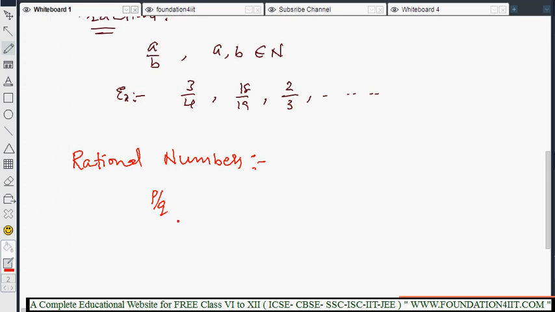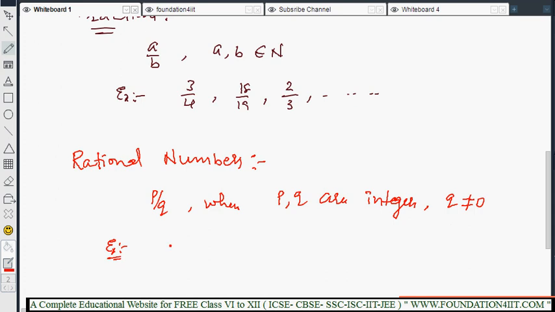A number which can be expressed in the form p by q, where p and q are integers, but q should not be equal to 0 because q is the denominator, is called a rational number.